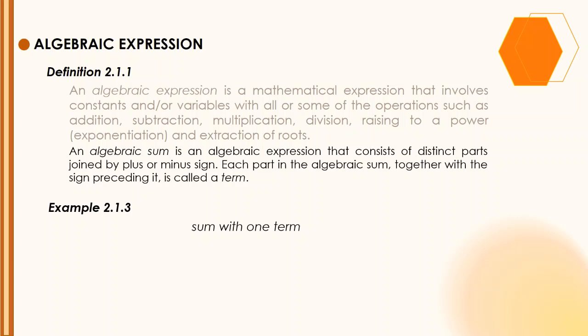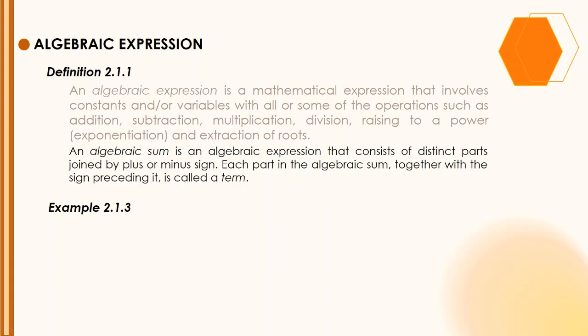Example of sum with one term: 2, 2x, square root of 2x, 3xy to the power of negative 2, cube root of 3x plus 2. So, one term lang to kasi nasa loob sila ng radical sign. 3 over x plus y minus z. So, lahat na ito is an example of an algebraic sum with one term.